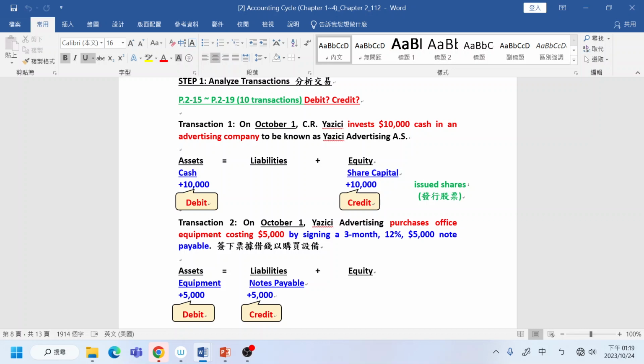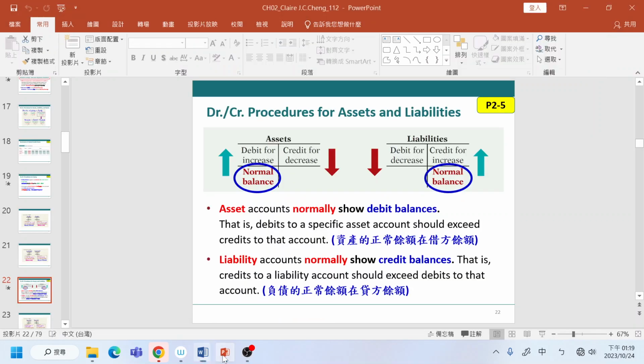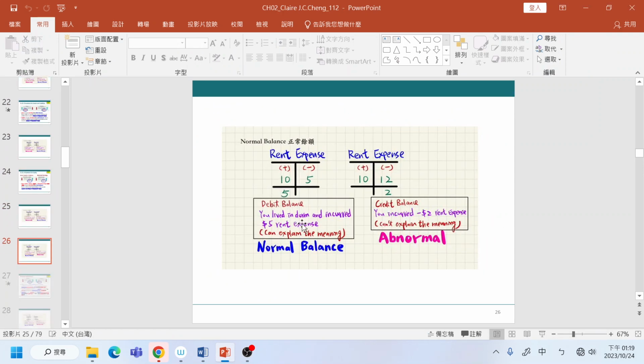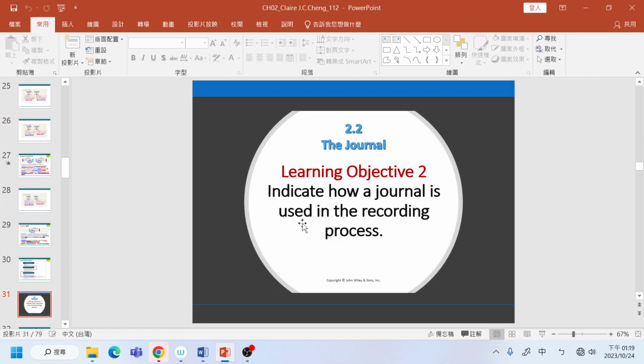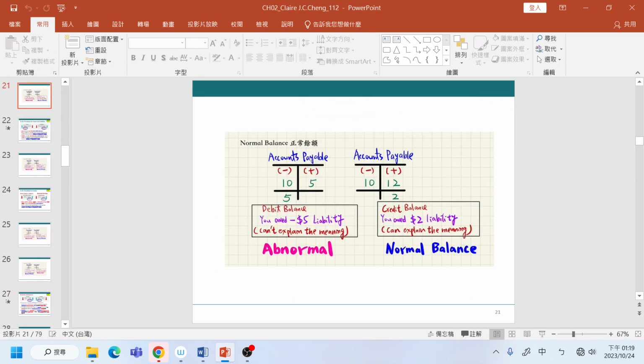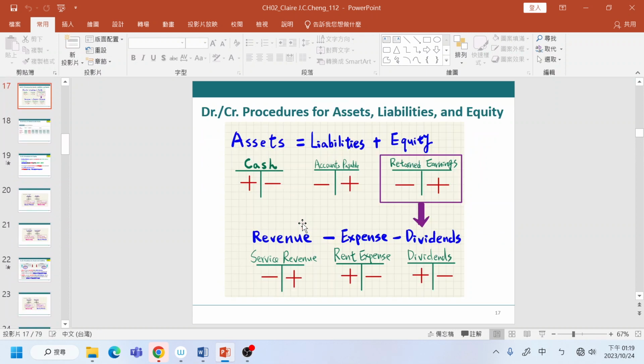So transaction 1, cash increase on debit. Equity, share capital increase on credit. Okay? You could double check your slide on page 17 here.